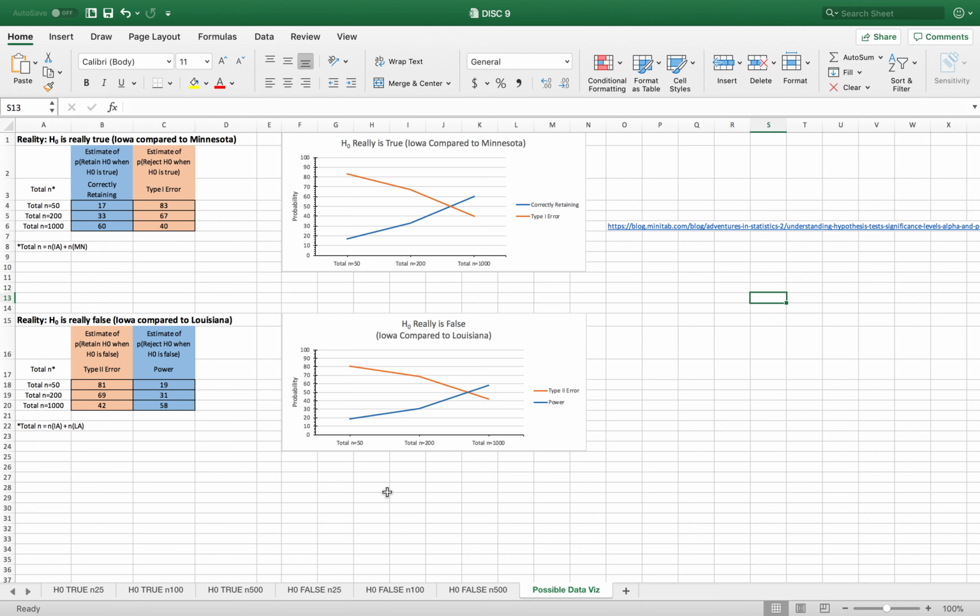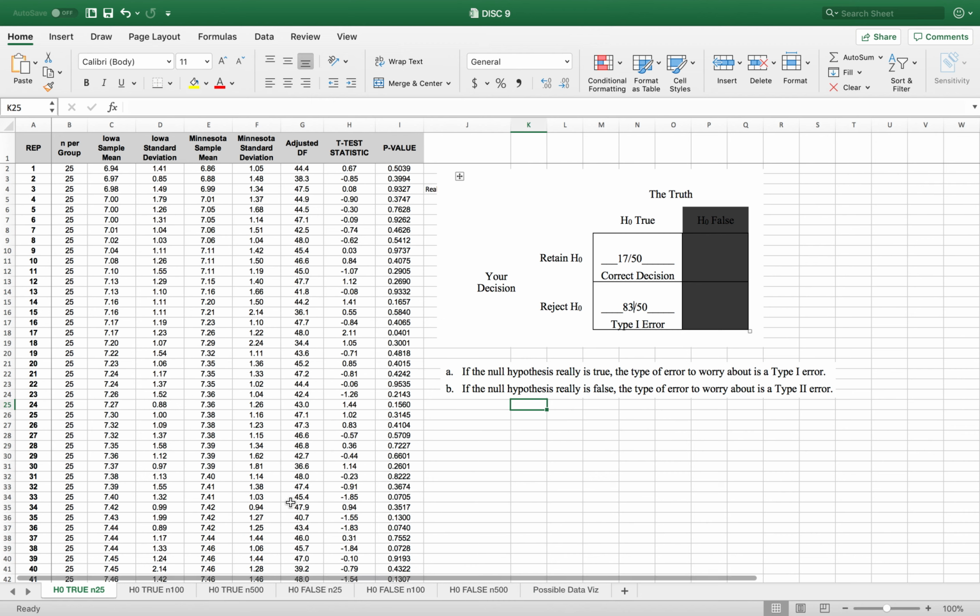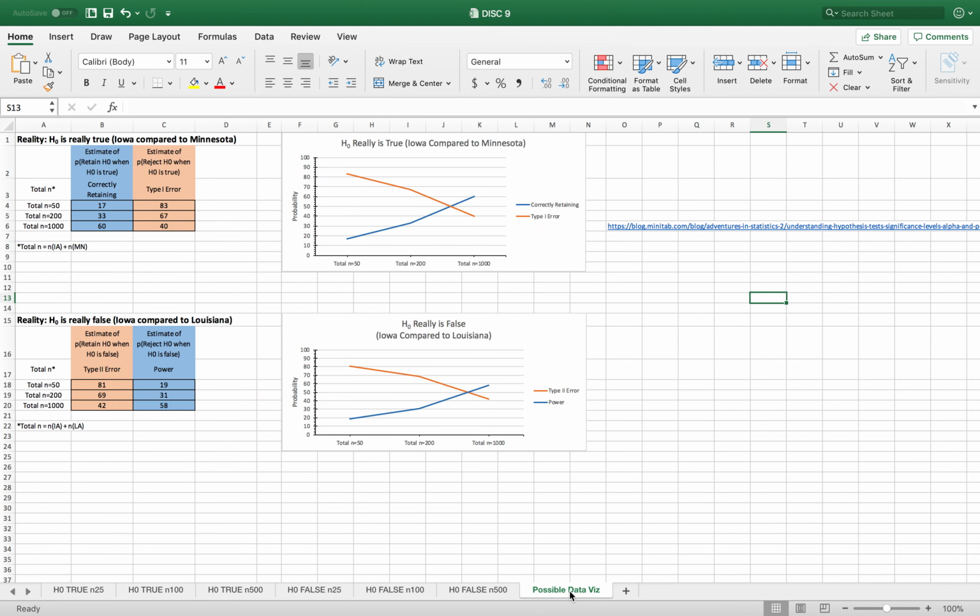Power is a good thing. And our type 2 error, if the null hypothesis really is false, goes down. So for the impact of increasing the sample size on the probability of each type of error, the error goes down the more the sample size increases.